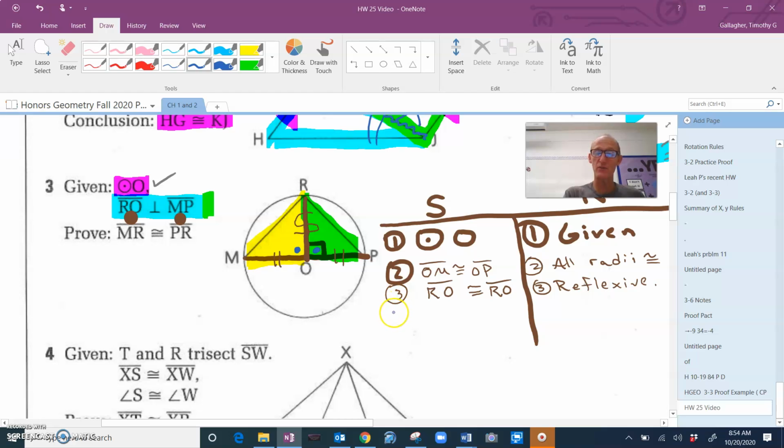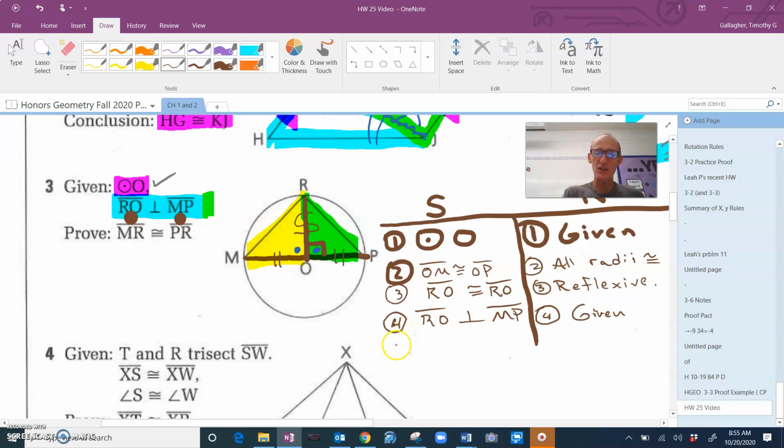Okay, so let's take a look at what that looks like. It looks like this. Oop, let me use a thin one here. So step 4 is that RO is perpendicular to MP. And that's given.